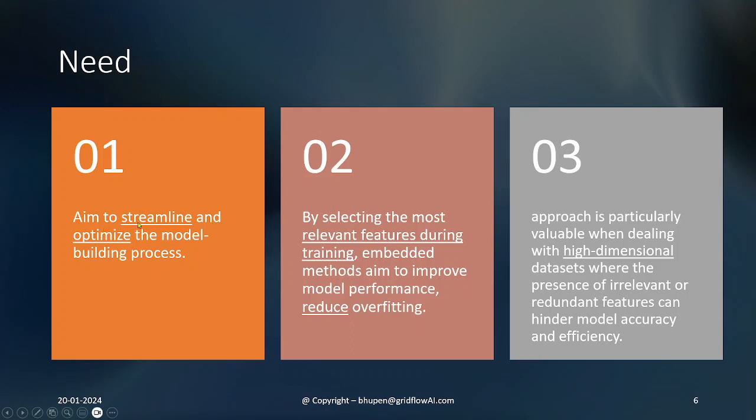We want to streamline and optimize the model building process, which should take care of which columns and which features are useful. And secondly, by selecting the relevant features during the model building or training, we can reduce the overfitting and we can get the model more generalized. This is also very useful when we deal with high dimensional data sets.